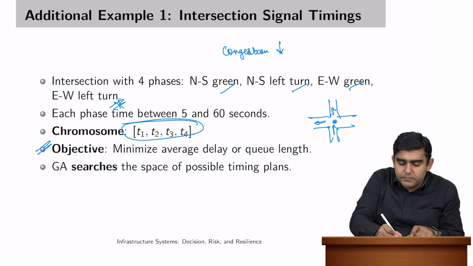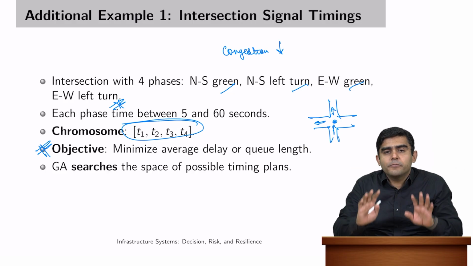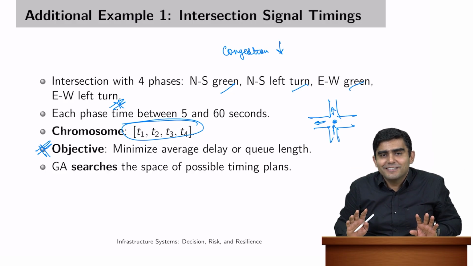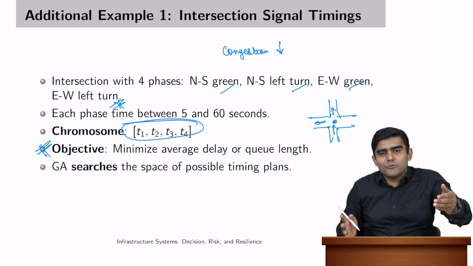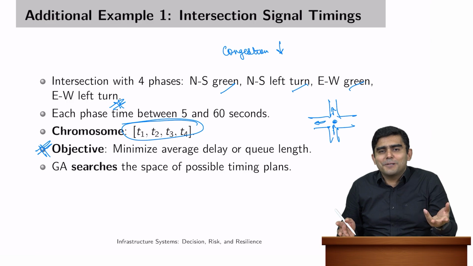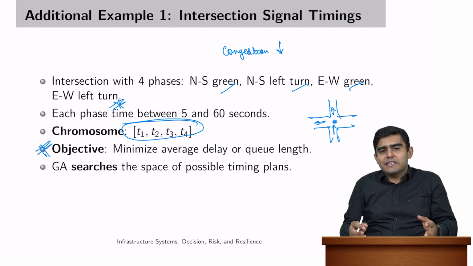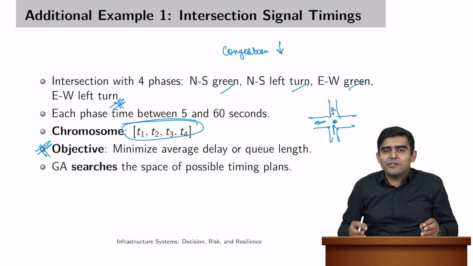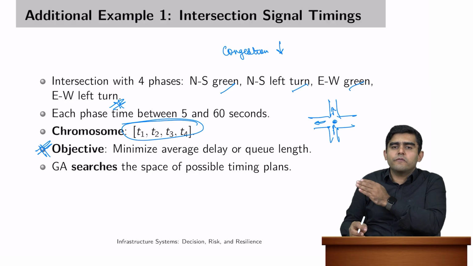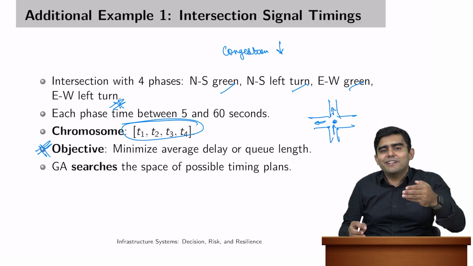So I have some quantifiable objective function, that if the queue length is longer in one situation than the other, of course it's not an optimal signal design. And you might see around places or cities, most of the time signals are timed in an ad hoc sense, as a result of which you would see long queues on one side and the other lane completely empty.